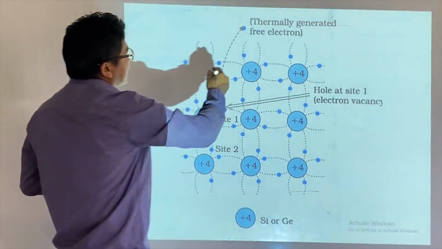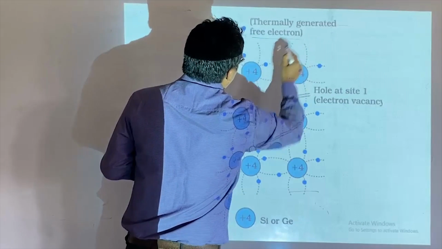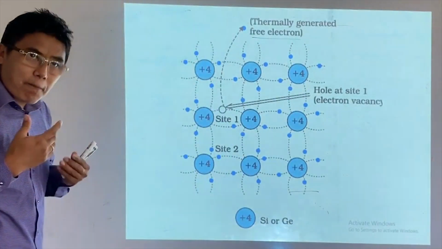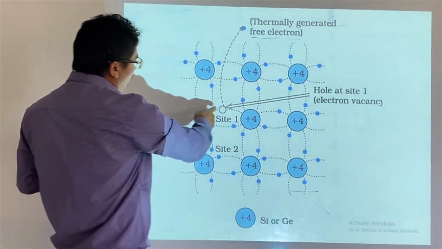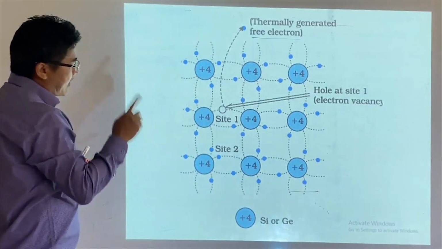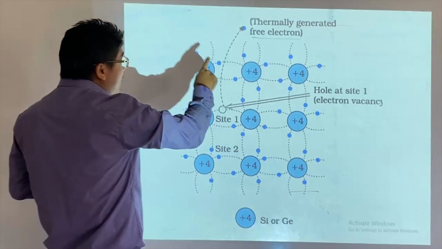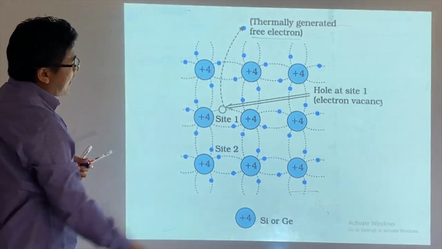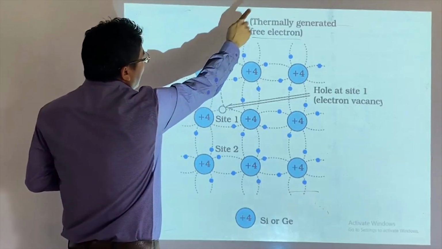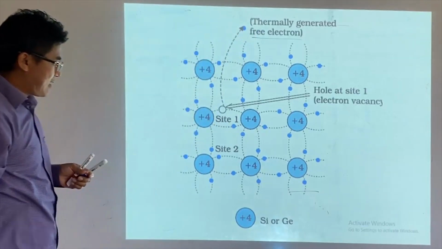Therefore I call these thermally generated free electrons. Thermally means by a process of heating, right? So this creates one hole in the valence band and one electron in the conduction band.